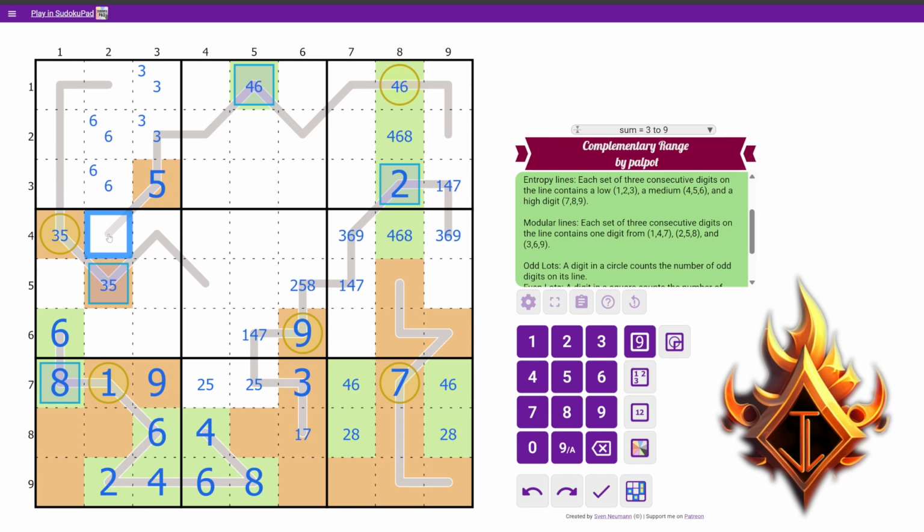So this is 7, 8, 9. Then 1, 2, 3. This 7, 8, 9. 1, 2, 3. 7, 8, 9. 1, 2, 3. 7, 8, 9.